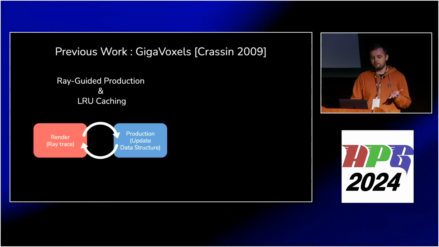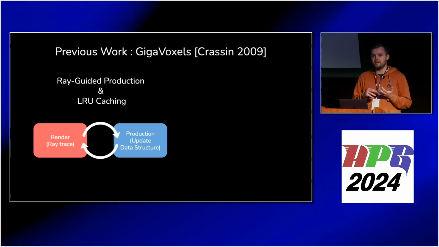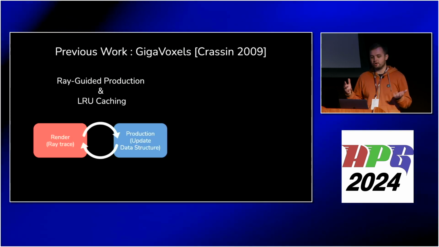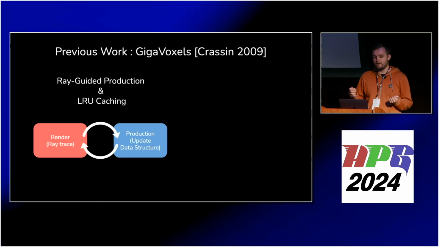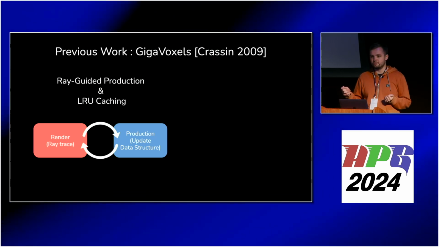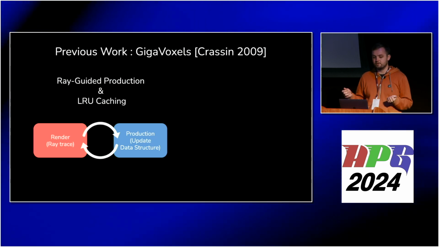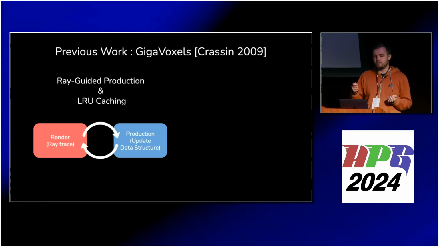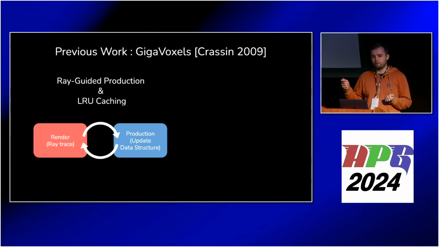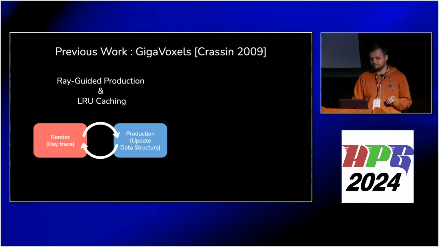And the decision of what to put in cache is made at render time during the ray marching itself. So you have two tasks, the renderer, the ray marcher, and what we call production, which is creating voxels and putting them in the cache. The production is triggered by the ray marcher, and when production is finished, the ray marcher can continue.